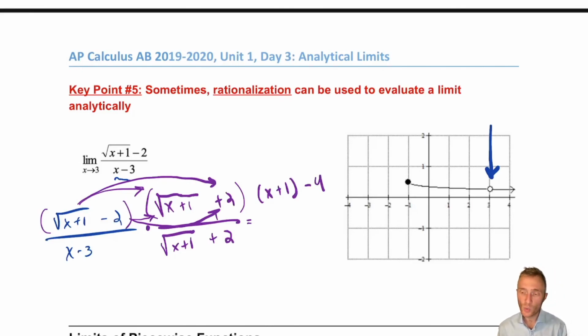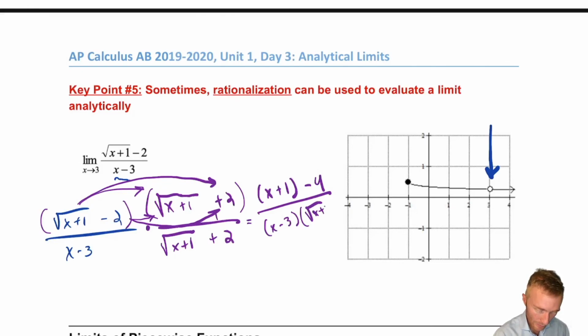So I think you can start to see why this is going to be helpful, we're going to have some things that cancel out. In the denominator, we're going to have x minus 3 times the square root of x plus 1 plus 2. Now this may look weird. Why did I multiply the top out but not the bottom?